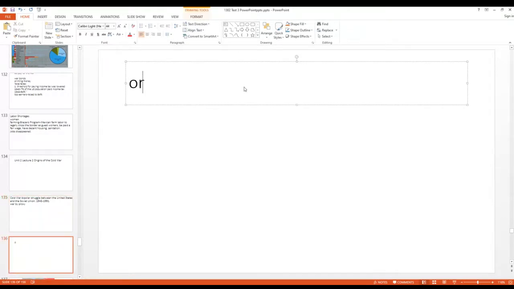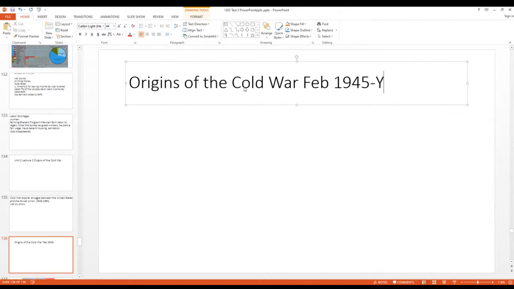The origins of the Cold War go back to February of 1945 at Yalta.